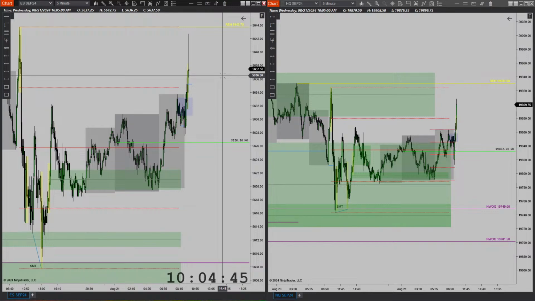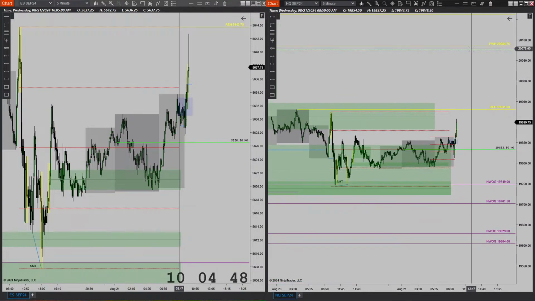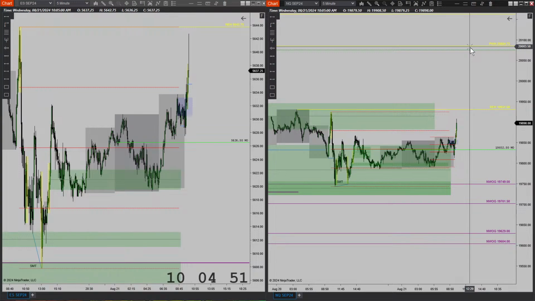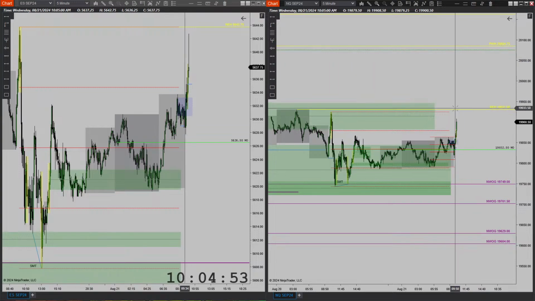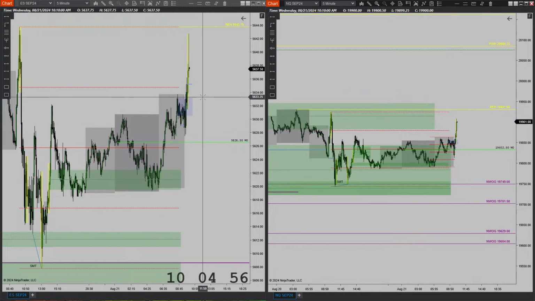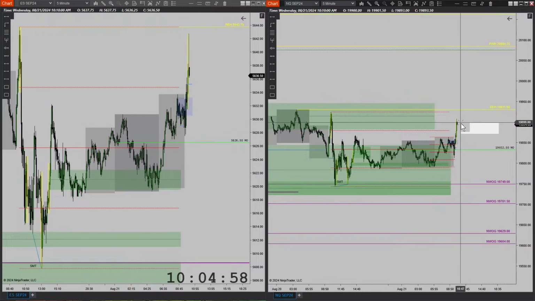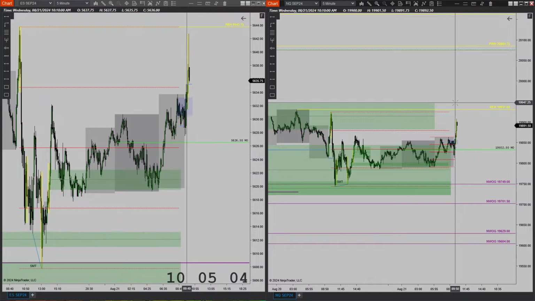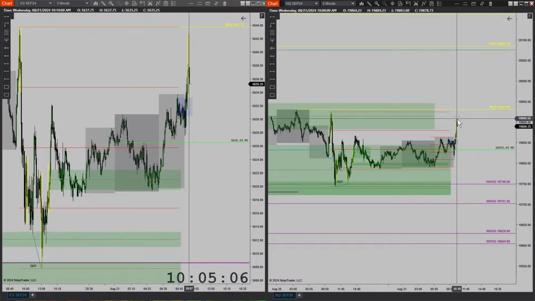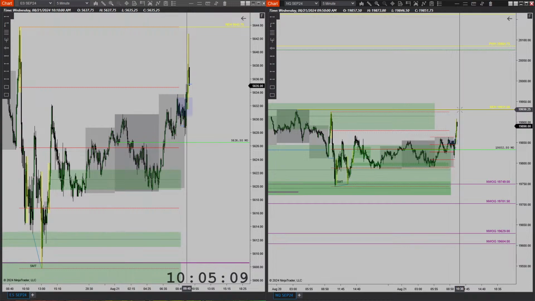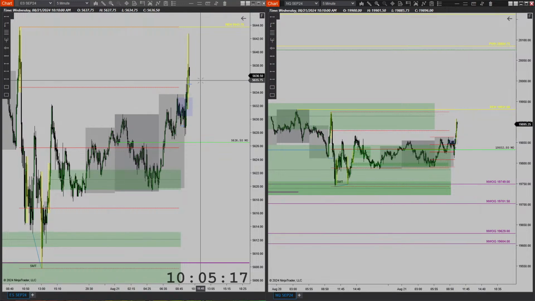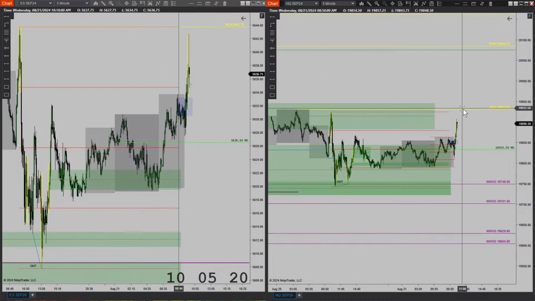I do expect price to eventually get to these areas. If price runs these highs within this macro, then I would expect price to run these highs after the FOMC meeting. If price does not run this high into FOMC yet, then I would expect FOMC to target those highs. So either or, I am looking for a retracement or a continuation of the completion of this market maker buy model. So we'll see.